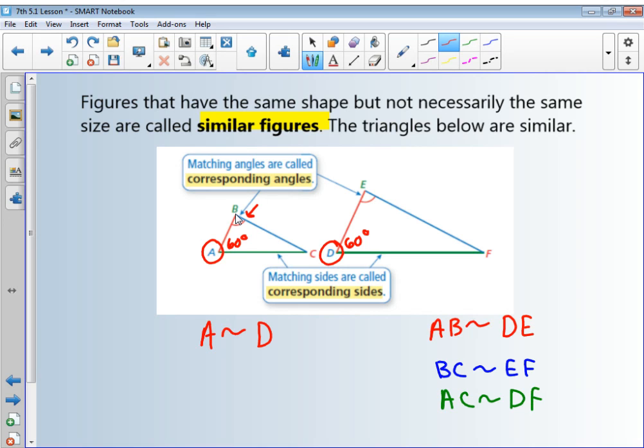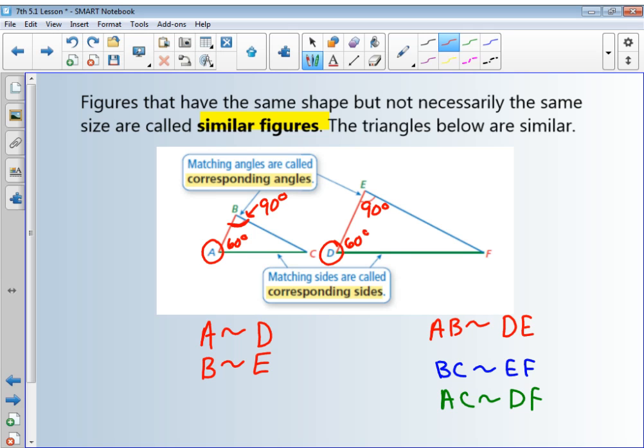Other ones that are the same, well, B corresponds to, or is the same as, E. Notice how they have the same marking here? That's another way of seeing that. Maybe they would tell us that on this bigger one, angle E is, say, 90 degrees. Well, then that also means that angle B is 90 degrees. Similar figures have the exact same angle measures.